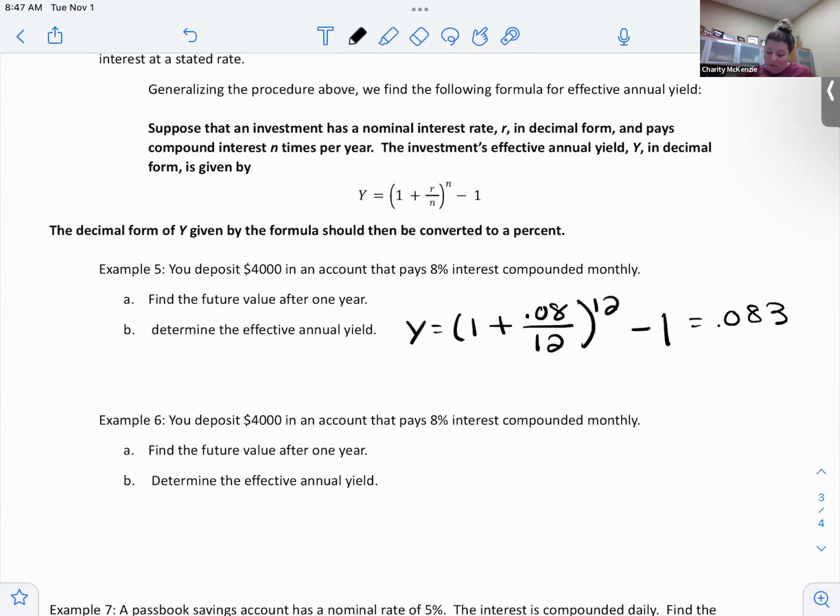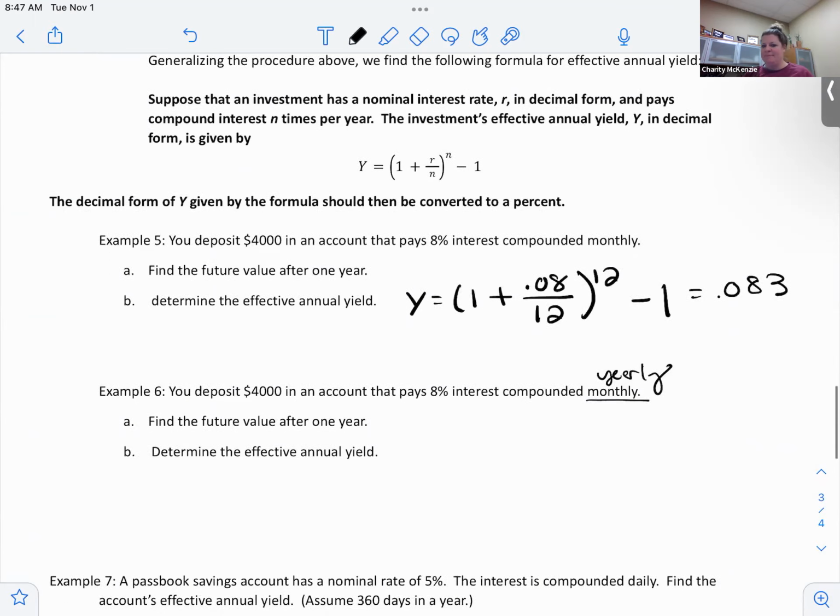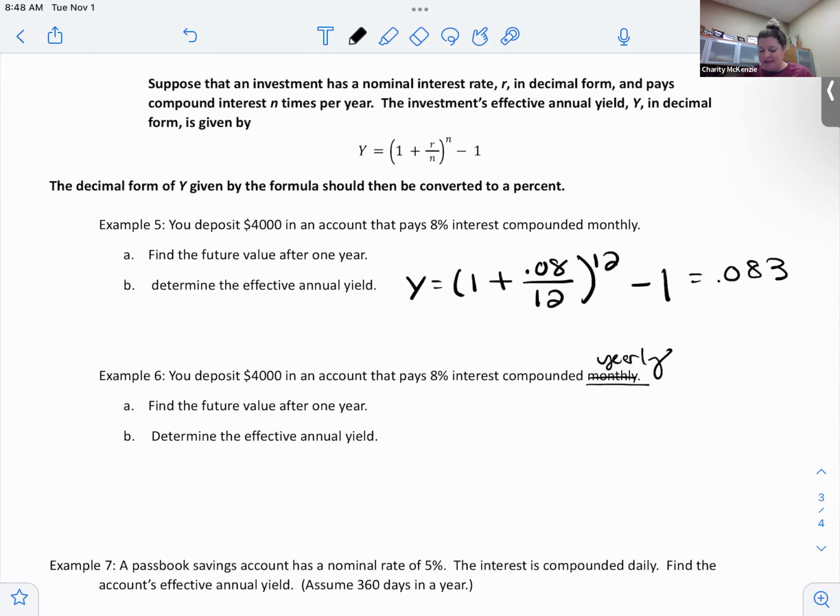Part 6 says, what if we change this monthly here to daily? Because we don't want months again. All right, determine the effective annual yield. We would have the 1 plus that same rate. Do we want to use the banker's year? I don't know, sure, 360 or 365.